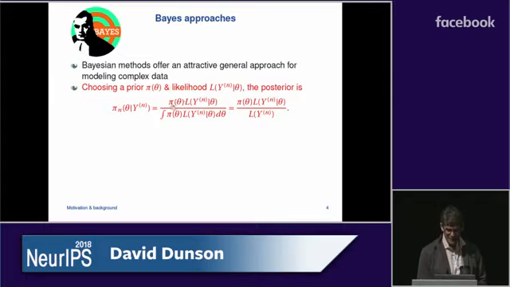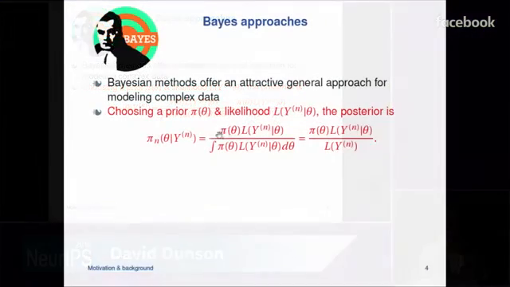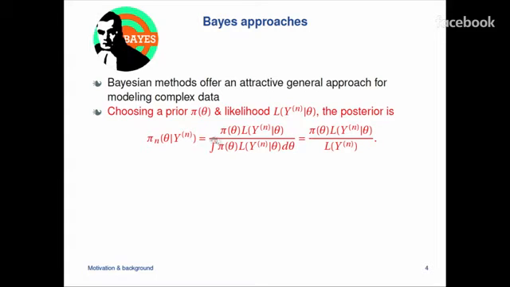So here's the prior, here's the likelihood, and now we need to turn this into a probability distribution, so we normalize it. We divide by the integral of the prior times the likelihood over the parameter space. That's often known as the marginal likelihood or the evidence, and then we get the posterior probability distribution.